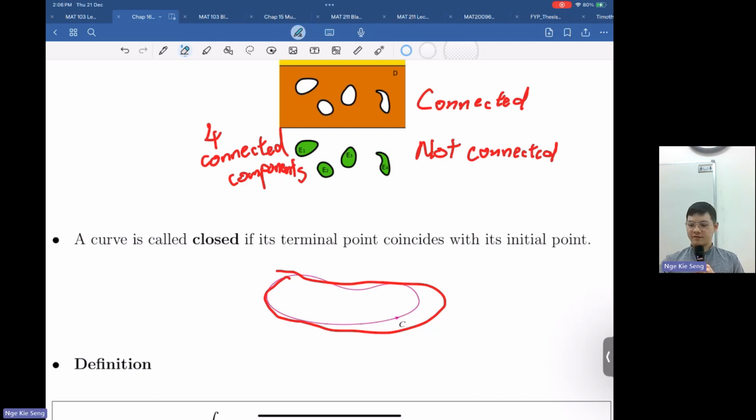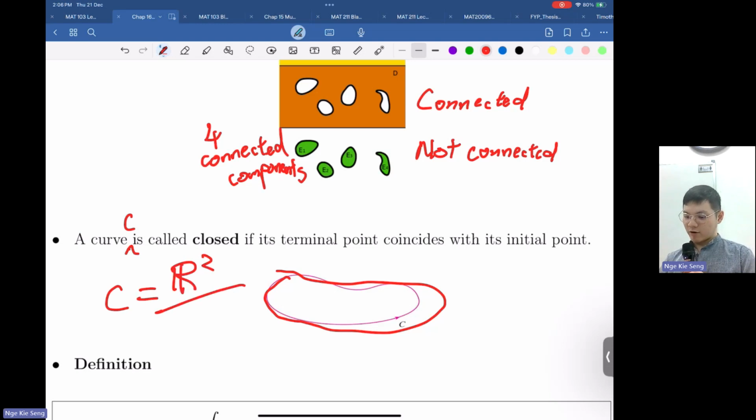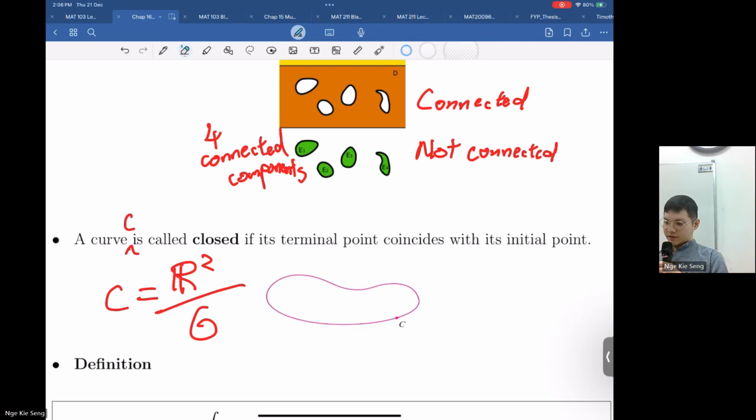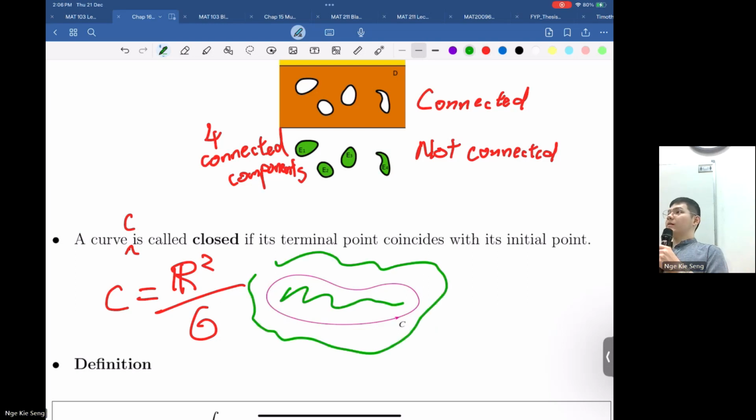Let's say this curve is called C. Is this equal to R2 take away some open set? And what's the open set you should take away? Yeah, anything beside the curve. So here and then here.